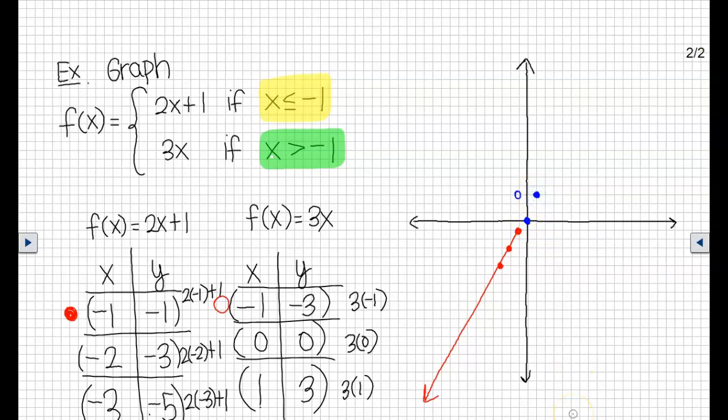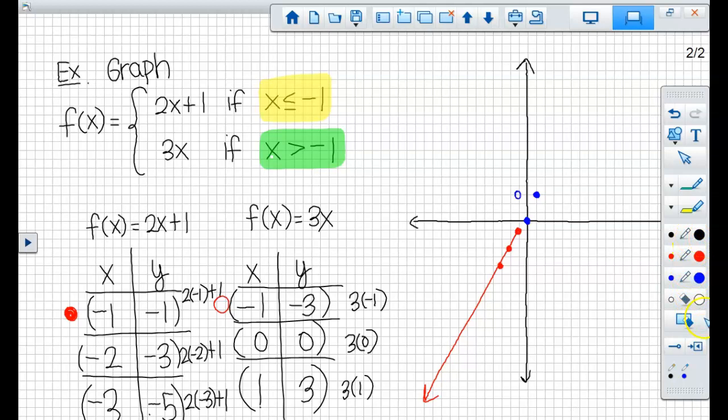Hang on just a minute. Oh, I know, hang on, I know what's wrong. I graphed that point wrong, didn't I?